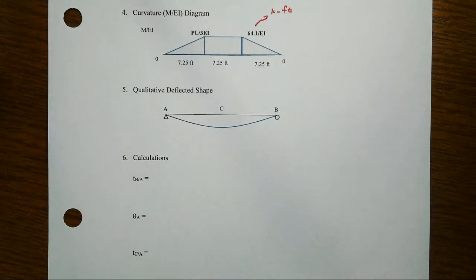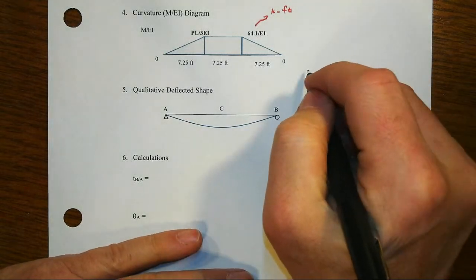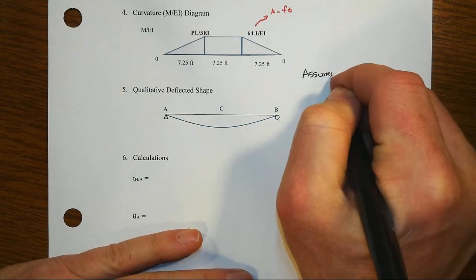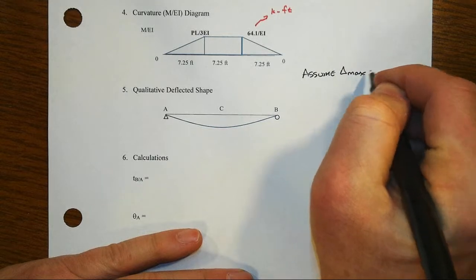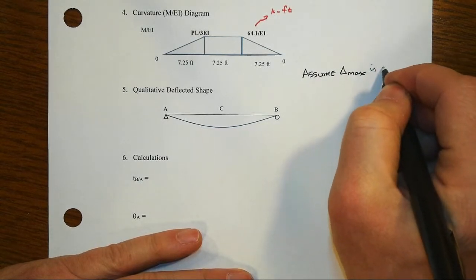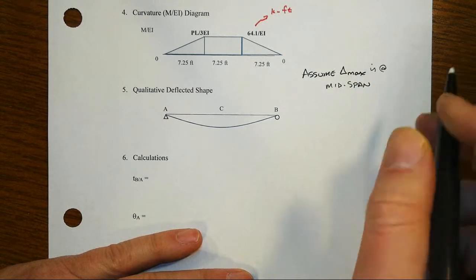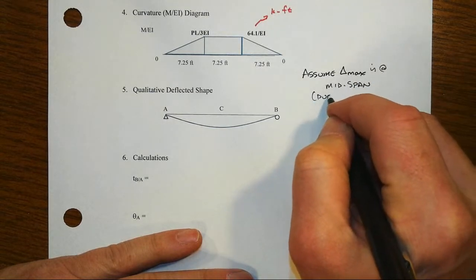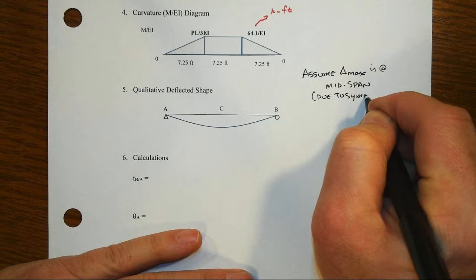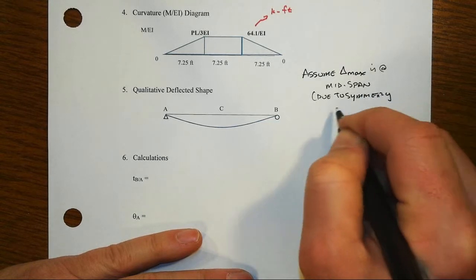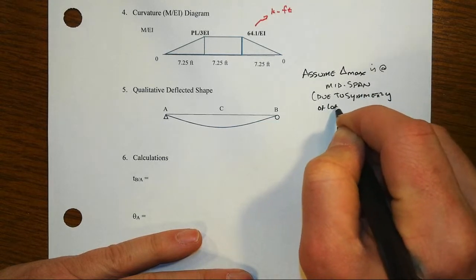Now, we can assume for now, and we can derive some other time, that delta max is going to occur at the midspan. That makes sense given the symmetry of everything. Remember, it's not just symmetry of the load, but of the structure.